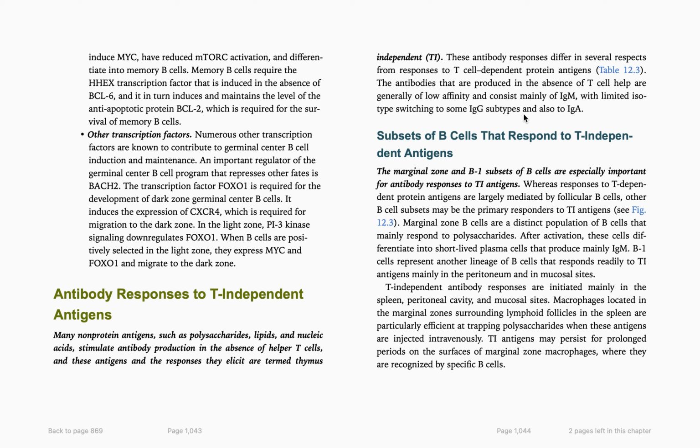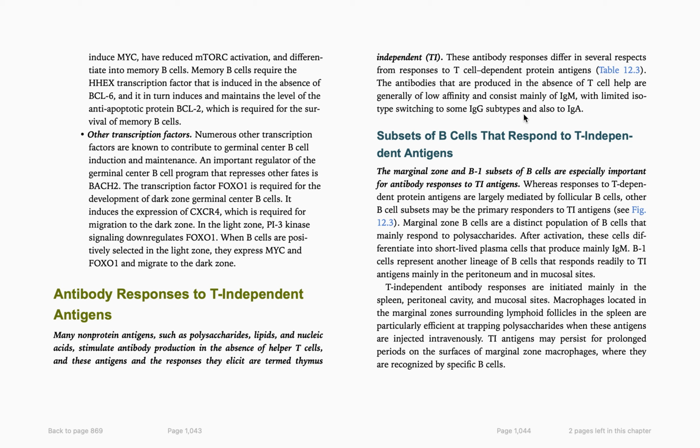Other B cell subsets may be the primary responders to TI antigens. Marginal zone cells are a distinct population of B cells that mainly respond to polysaccharides. After activation, these cells differentiate into short-lived plasma cells that produce mainly IgM.